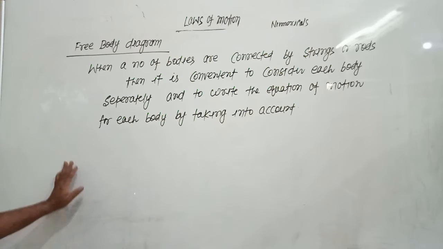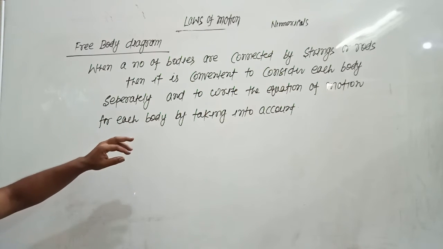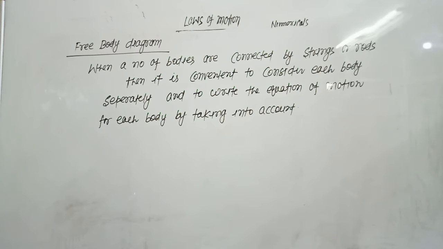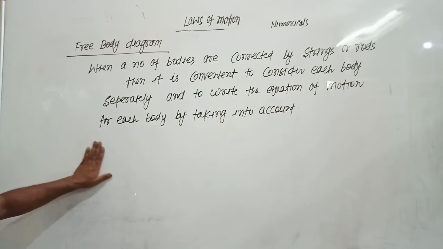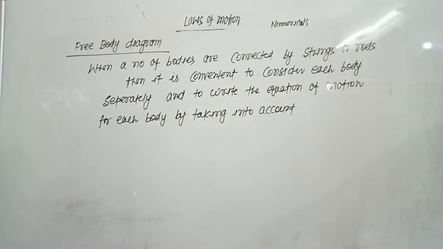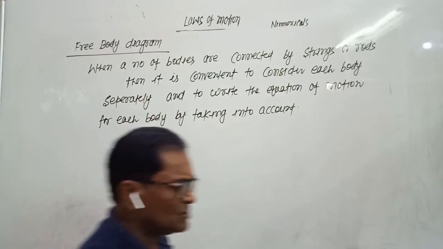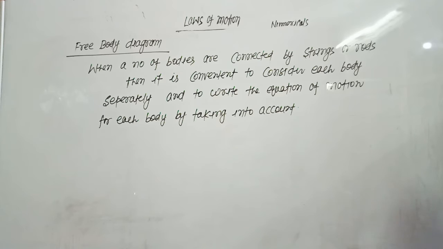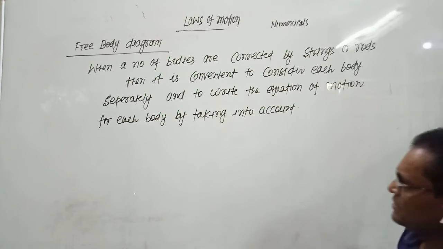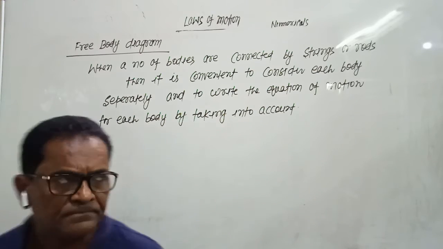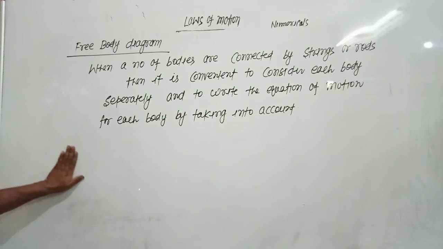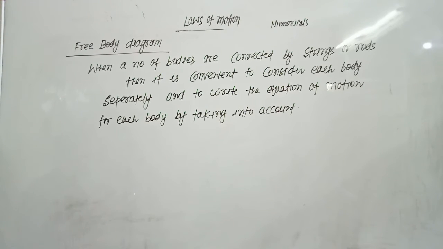So when a number of bodies are connected by strings or rods, then it is convenient to consider each body separately. Suppose there are 2 or 3 or 4 bodies and they are connected by a string or rod. Then to calculate and to study, we separate all the bodies and write the equation of motion for each body separately. And this is called free body diagram.